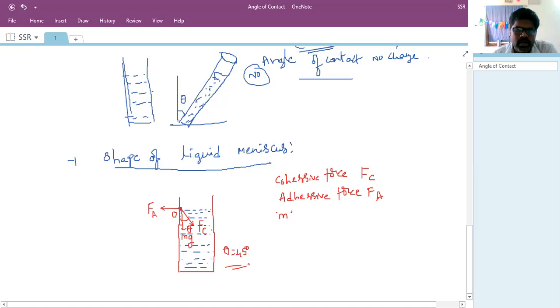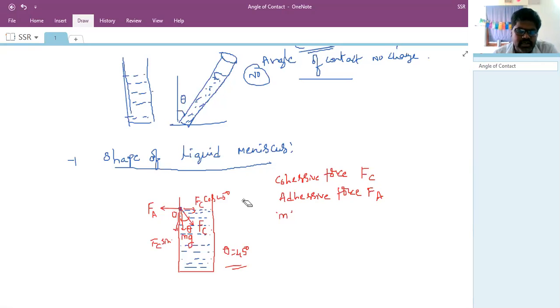Then Fc will be resolved into components. Along the free surface of the liquid, Fc cos theta, that is Fc cos 45. And the resolution of the Fc vector along the tumbler is Fc sin 45. That cos 45, sin 45 value, how much?